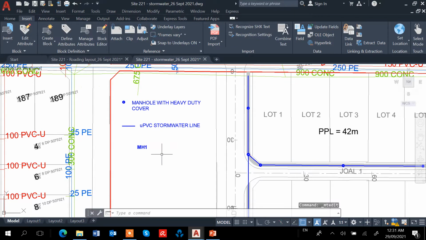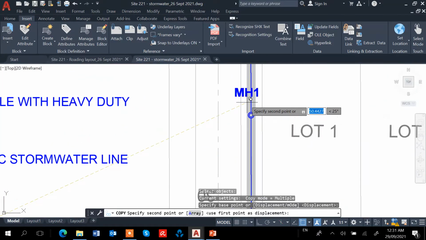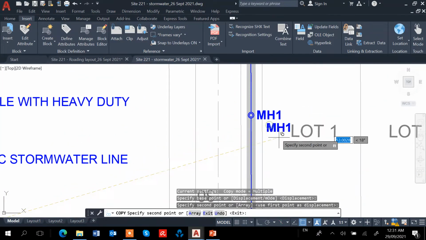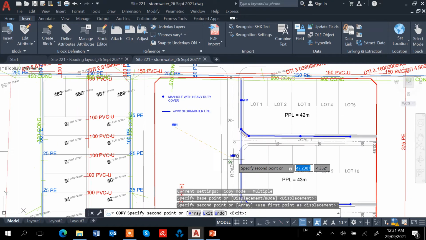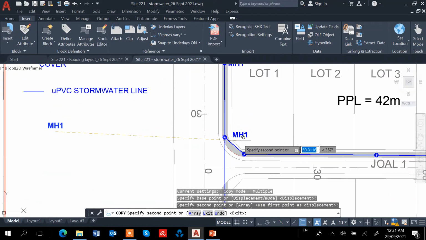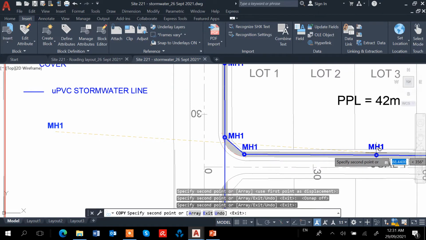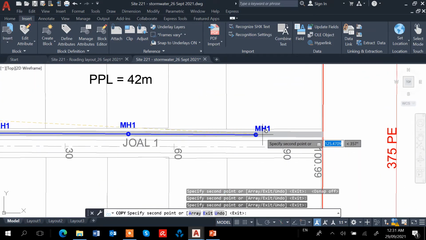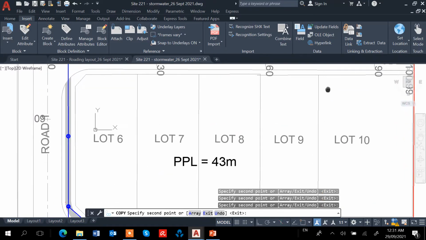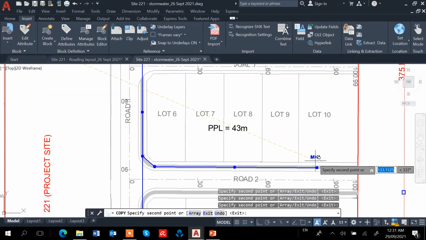Okay, so I just copy. Just put the things here. I don't want to take off the snap. So I just put all this. Need to name each of the manholes.